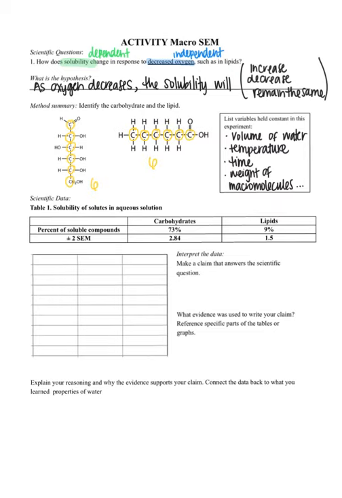Now I'm going to go through and count hydrogens. I have 12 on my first one, and 12 in my second one. And now the number of oxygens.